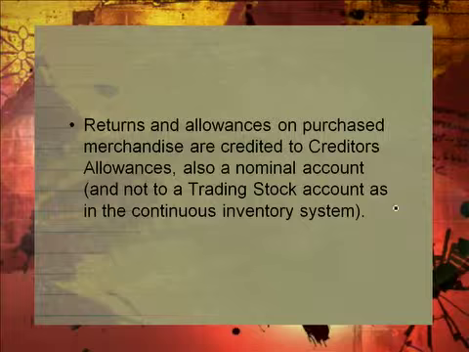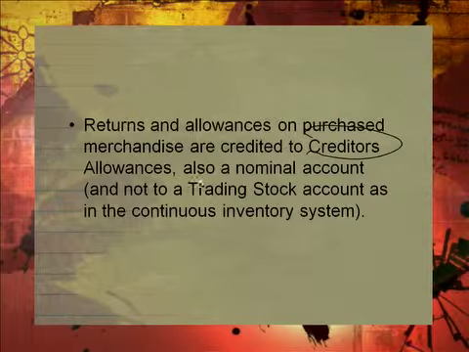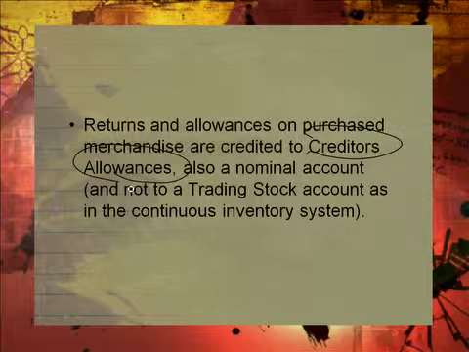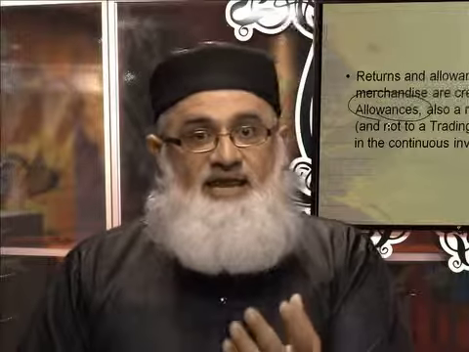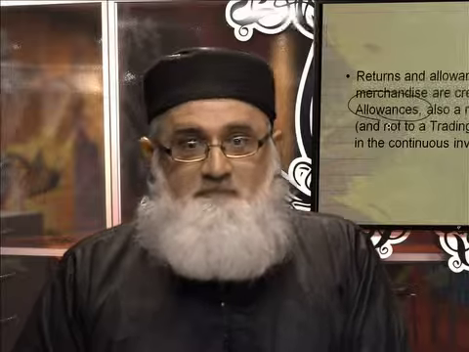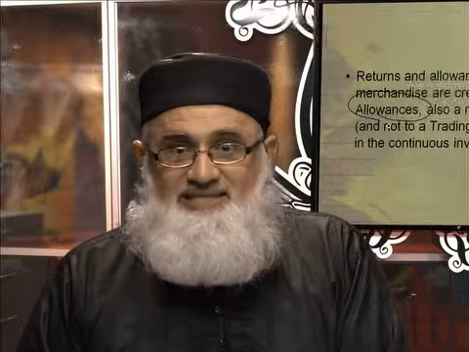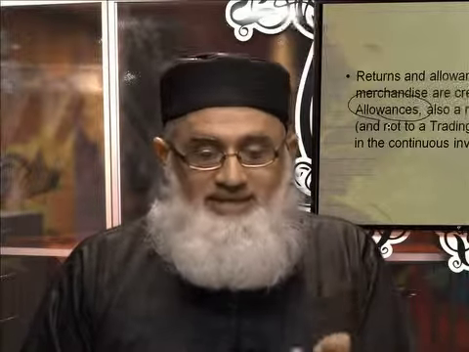When it comes to returns and allowances, remember here, you're going to come across an account, namely the creditors allowances account, which is also a nominal account. So whenever a return takes place by us to our creditors, it will be recorded in a creditors allowances account.